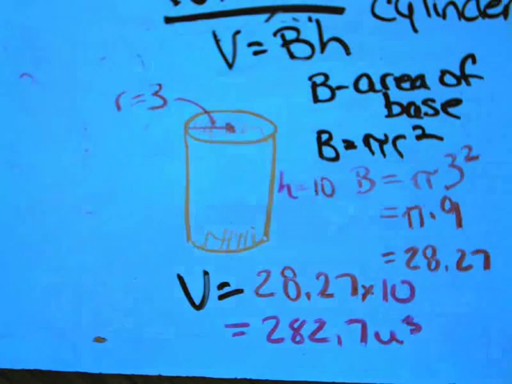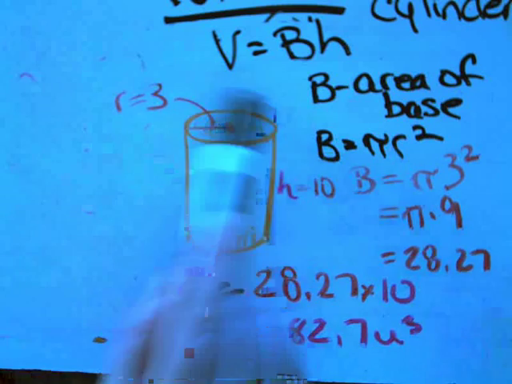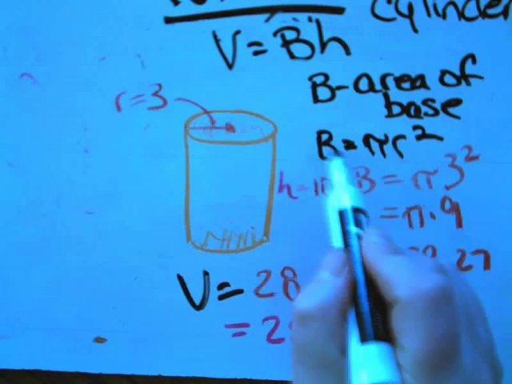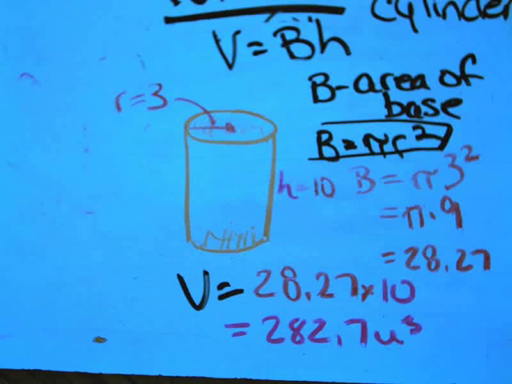Okay, so I'm doing the exact same thing. I'm finding the area of the base, and this time our base is round instead of a triangle or a rectangle, and that's okay. So instead of using the formula for a triangle or a rectangle, we're using pi r squared. So the volume of a cylinder is still big B times h, but now big B represents the area of a circle instead of the area of a triangle.